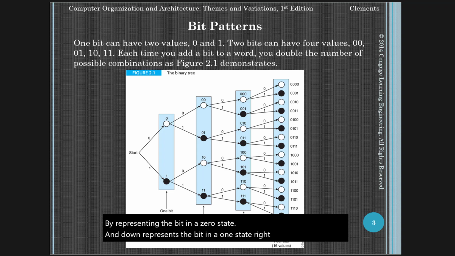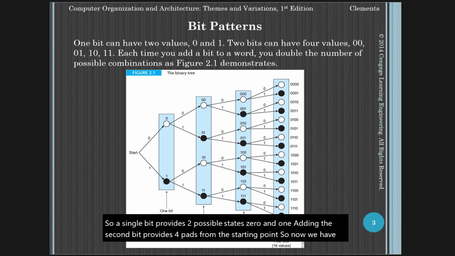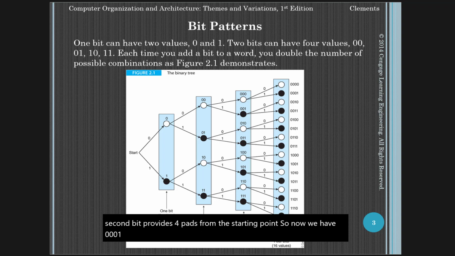We can see that 0 or 1. So a single bit provides 2 possible states, 0 and 1. Adding the second bit provides 4 paths from the starting point. So now we have 00, 01, 10, 11, right?